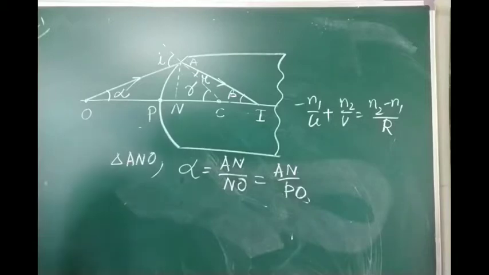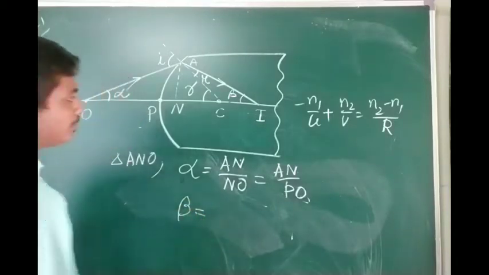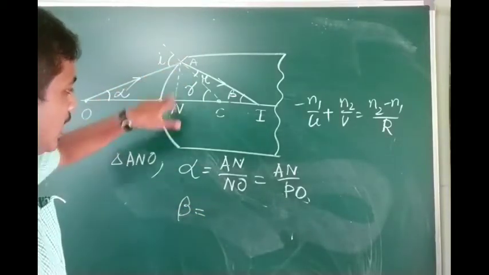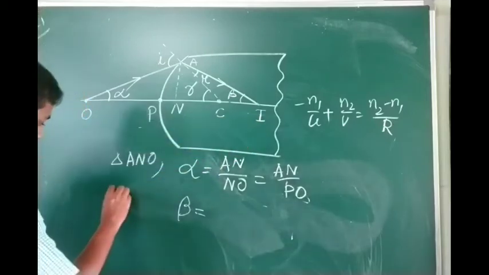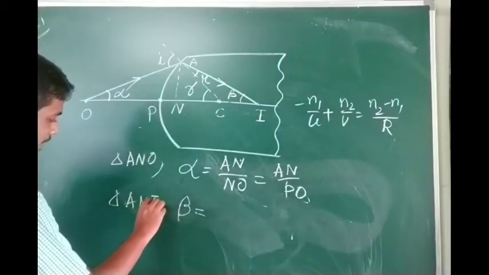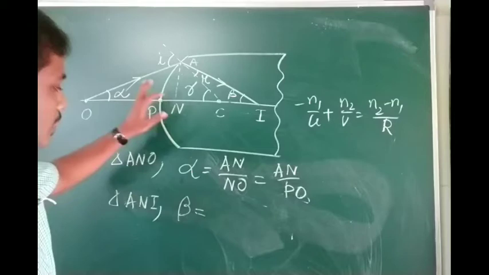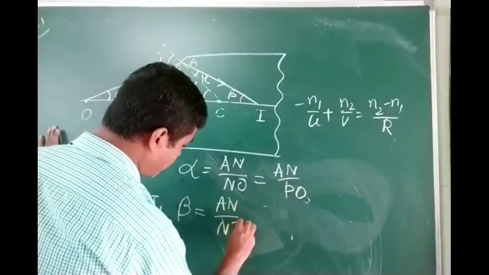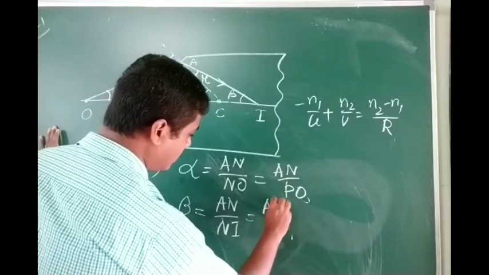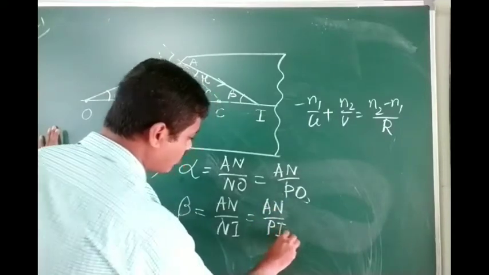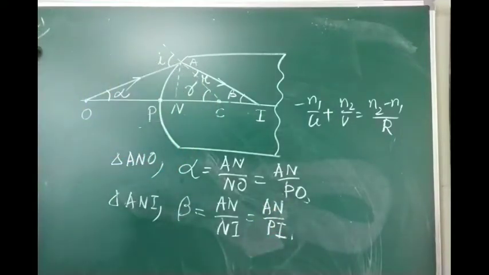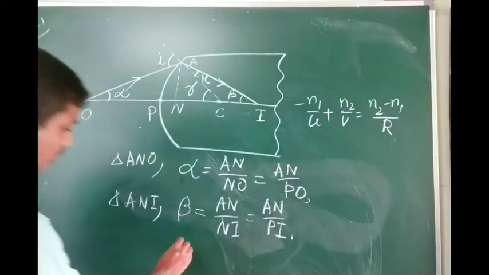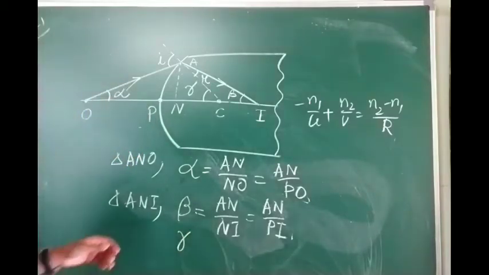Similarly, if I go for the angle beta, again you use a triangle ANI. Beta equals AN by NI, or we can write AN by PI because N is very close to P. Similarly, let us calculate the value of gamma.